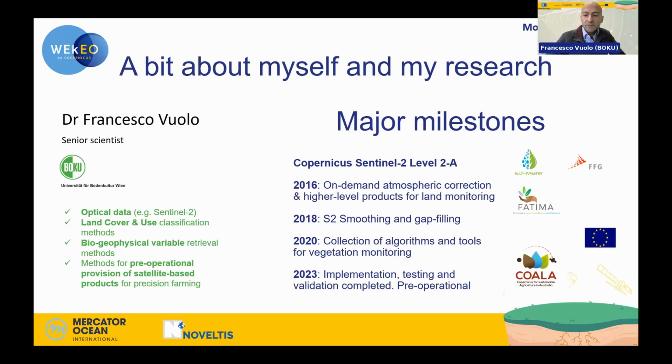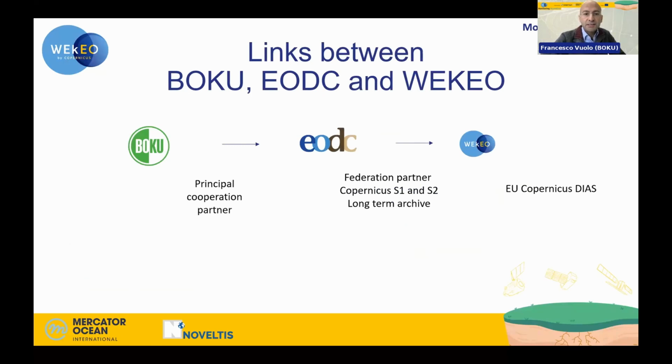Our projects have been funded by the European Commission, with some national funding in the very early stage from the National Funding Agency for Space Activities, as I'm based in Austria.